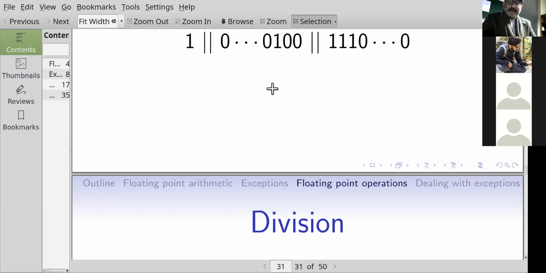For exponents, you can do binary subtraction of the exponent bits, and that's easy. Now, there are 2 choices for the mantissa part.